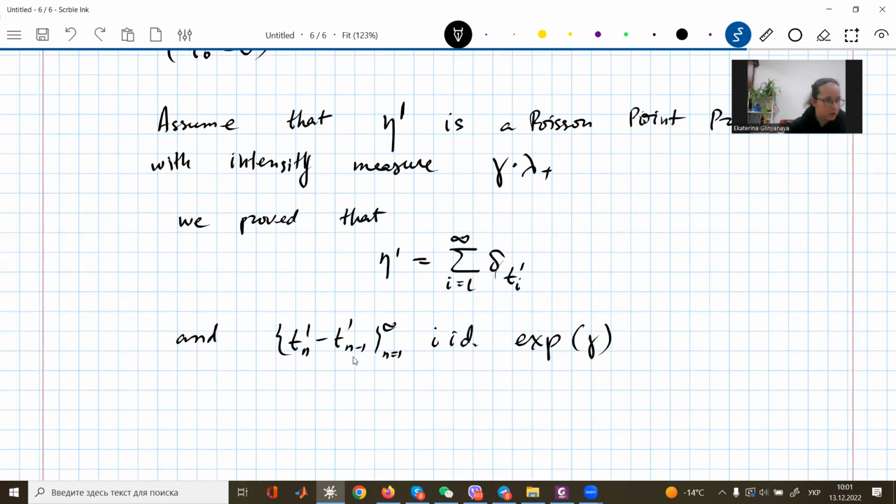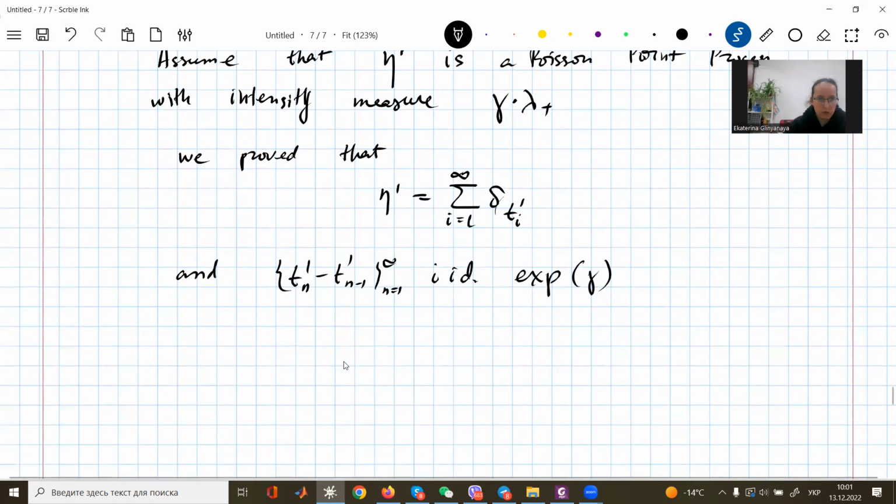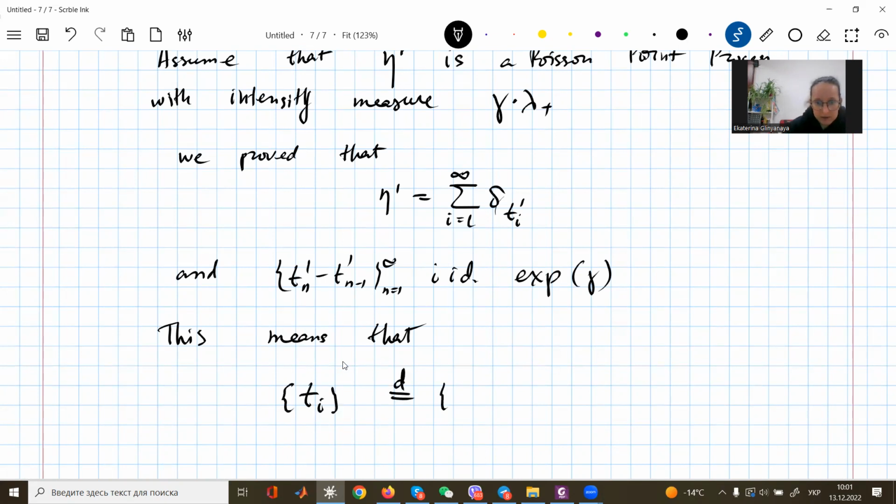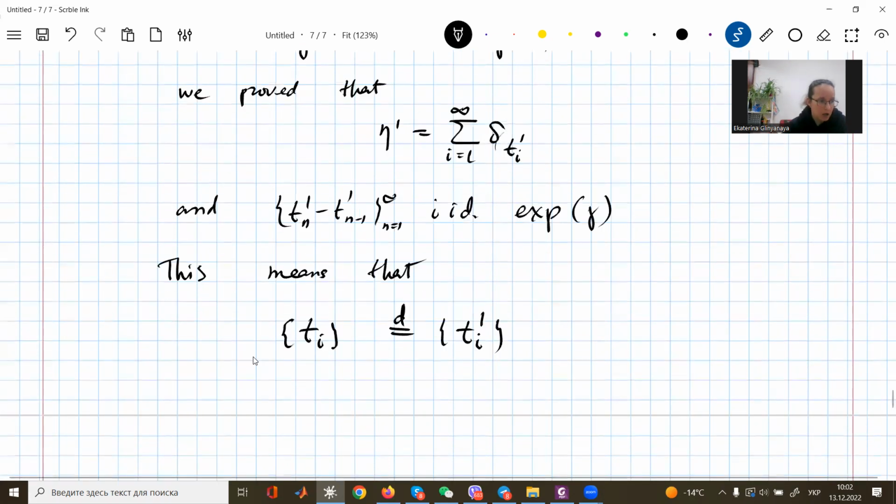So what did we prove? This means that these points, like the sequence Ti, have the same distribution as the sequence Ti prime. So we proved that they have the same distribution.